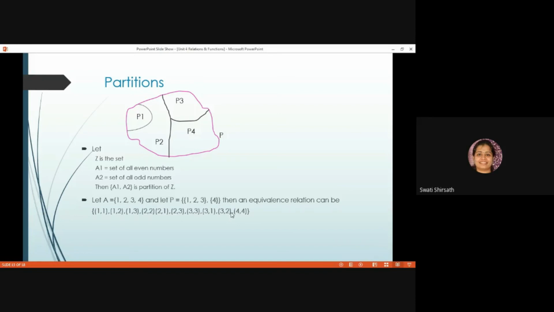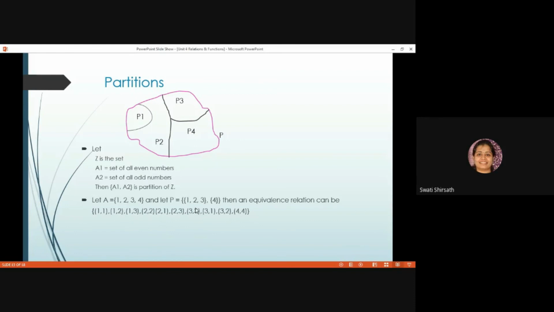So when you want to generate an equivalence relation from this partition, what you have to do is write the combinations of each partition in the form of ordered pairs. Okay, and you will not form combinations across two partitions. You'll have the combinations of elements from the same partition.